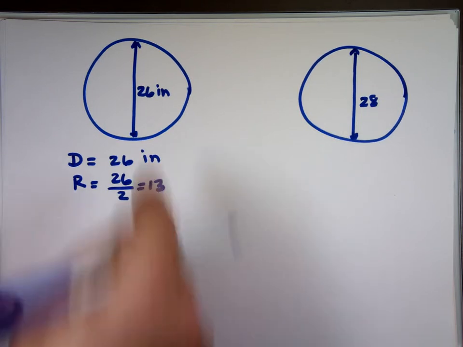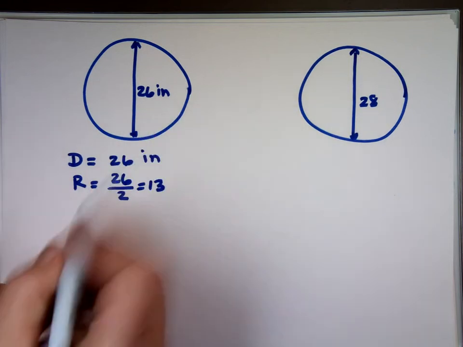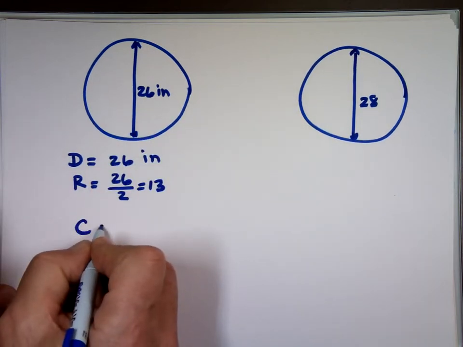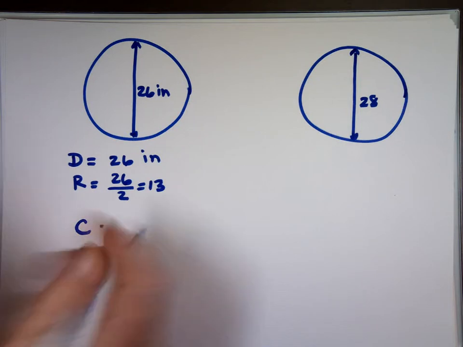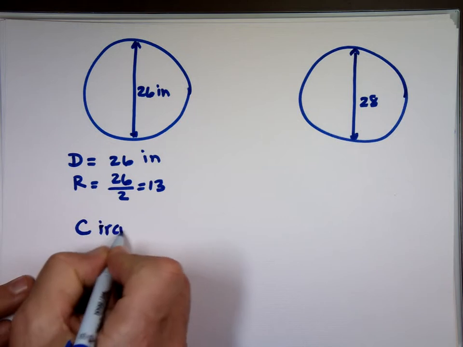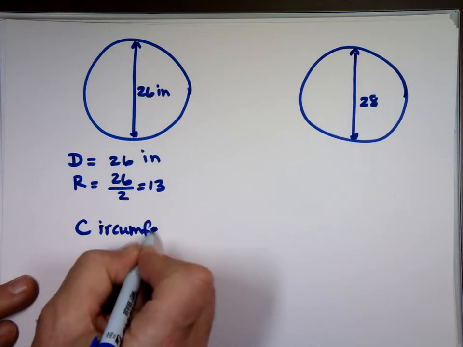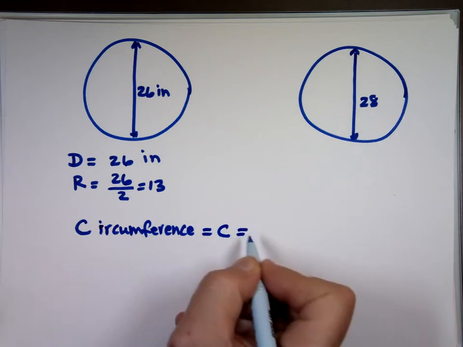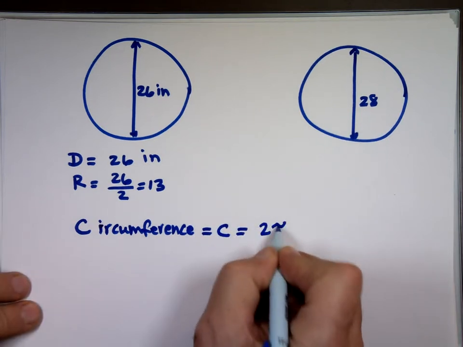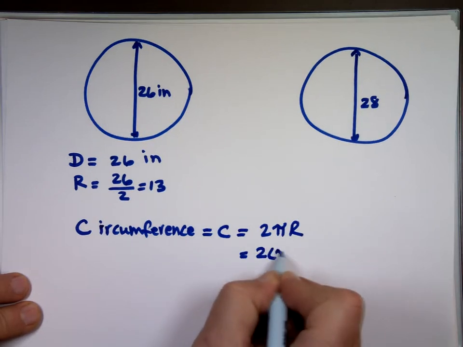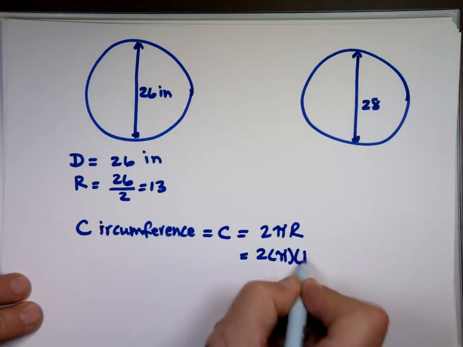So if the tire makes one turn, the circumference, we use C because circumference is the distance around, is equal to what? 2 pi r, which in this case is 2 times pi times 13.